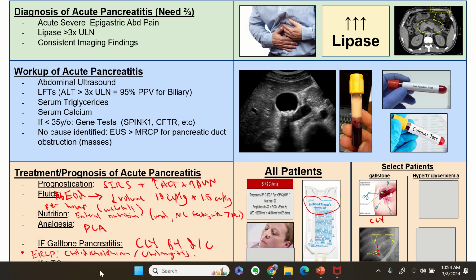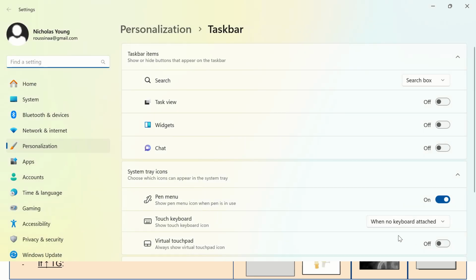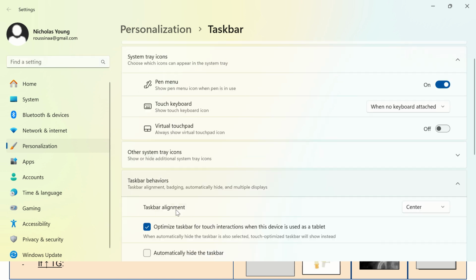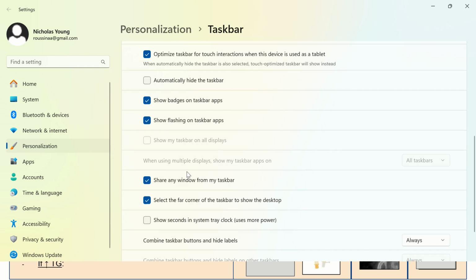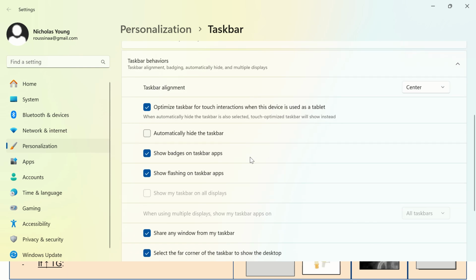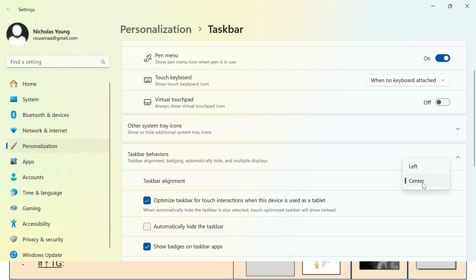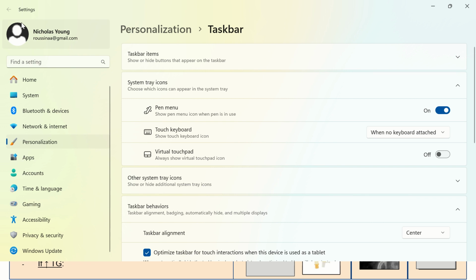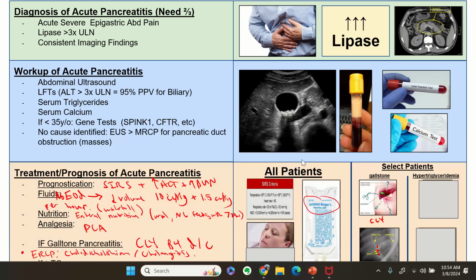No. All right. Well, I don't know how to remove that right now.